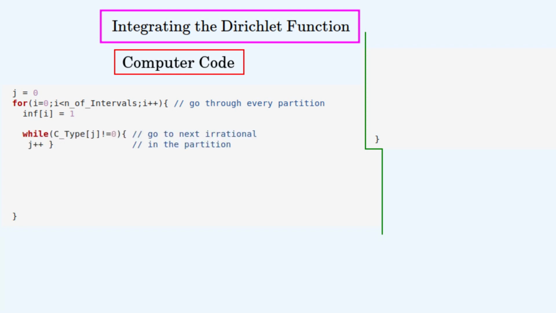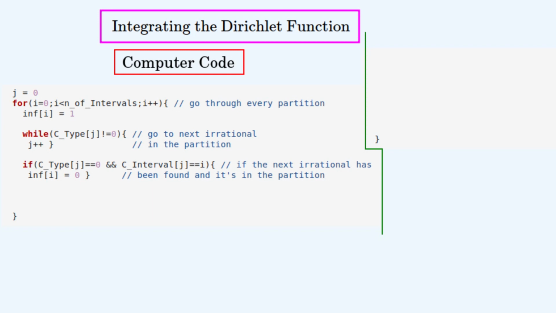We'll go through all the real numbers until we find the first irrational number in the list. We'll then check that this irrational number is in the interval, and we'll check that it's irrational. I like to build these redundancies into my programs. If this number is irrational and in the interval, then the inf of this interval will be set to 0. Then we can look for the next real number in the next partition.